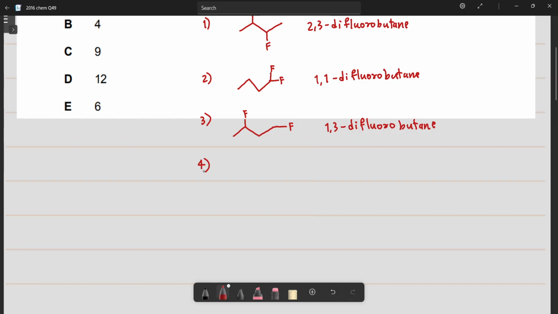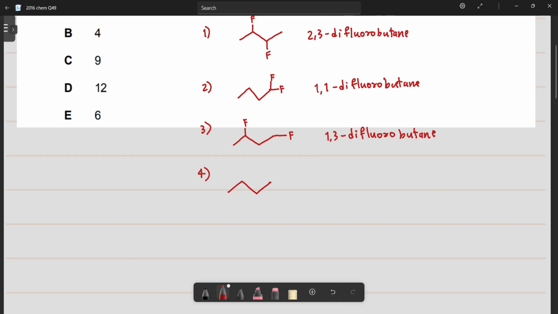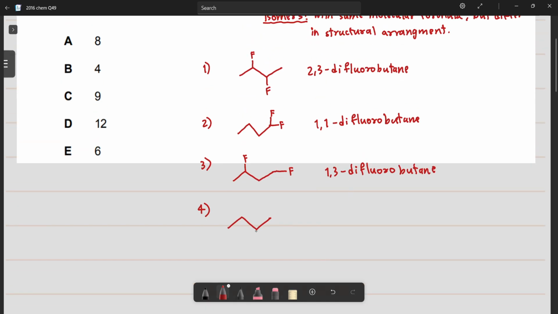Okay, and number 4, the structure is going to be like this: one fluorine here, the other one over here. The name of this will be 1,2-difluorobutane, as I said, counting from the side giving the smallest numbers.